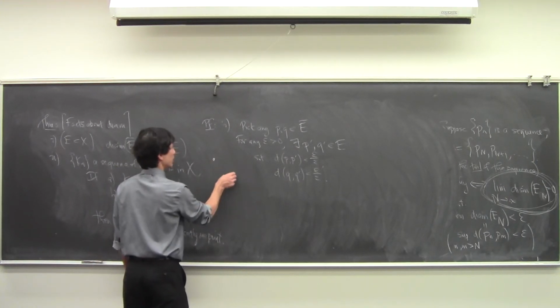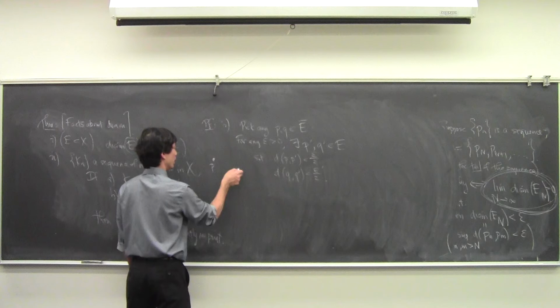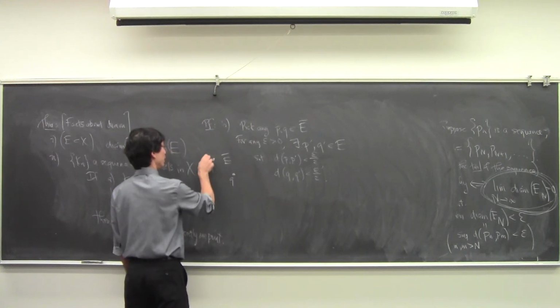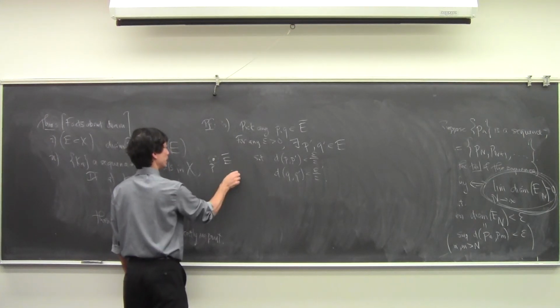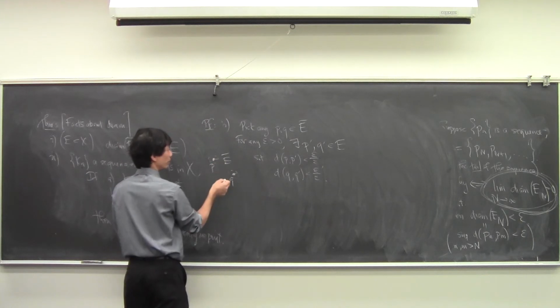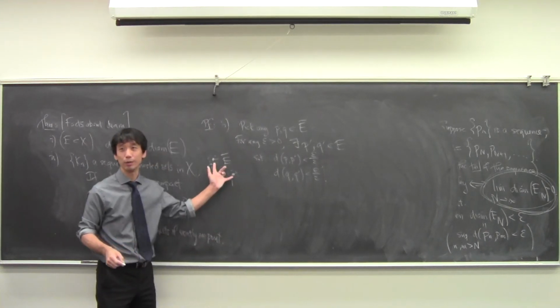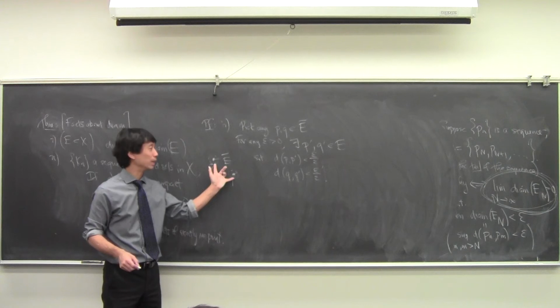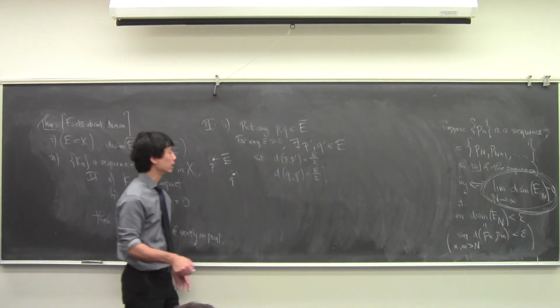Right. Are P and Q in E bar? Right. These guys are in E bar, but for any epsilon, we can find P prime and Q prime in E who are really close by, within epsilon over 2, right?